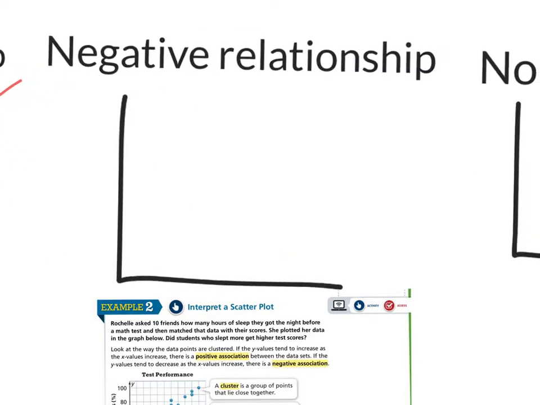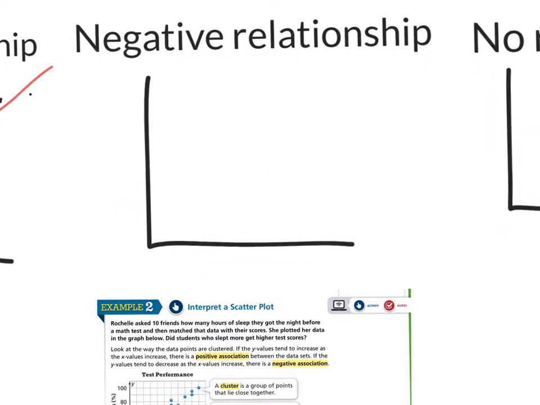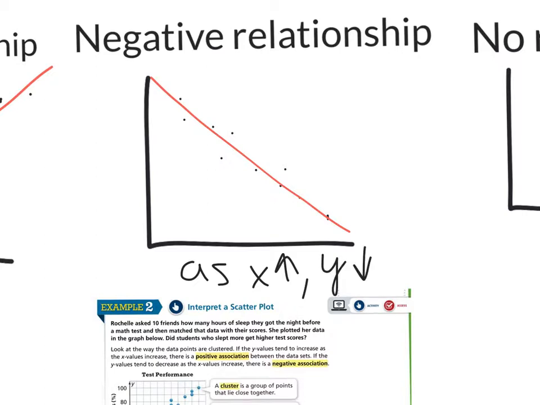Negative relationship, we just mentioned on the first example. So negative relationship. Okay, something like this. The dots are going that direction. So we could say as X increases, Y decreases, or X goes up, Y goes down.